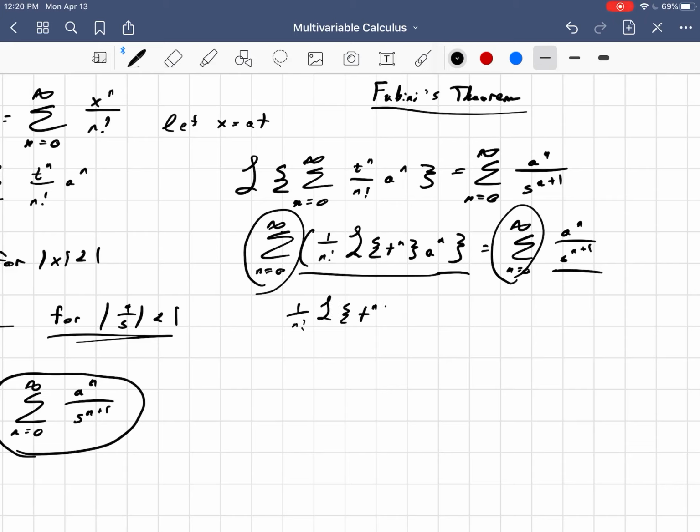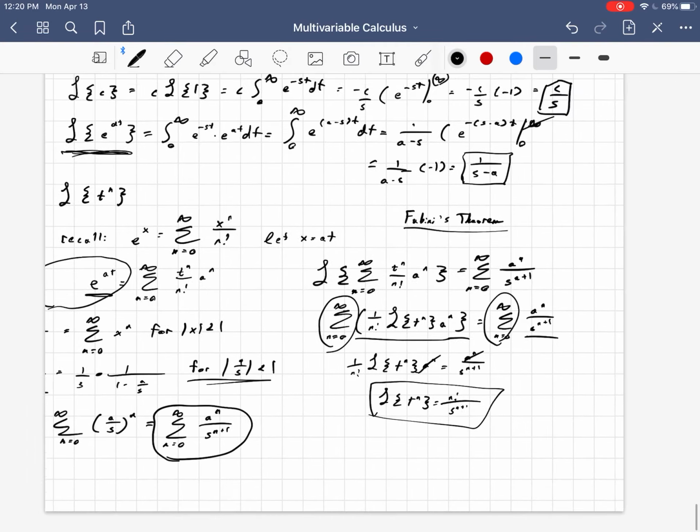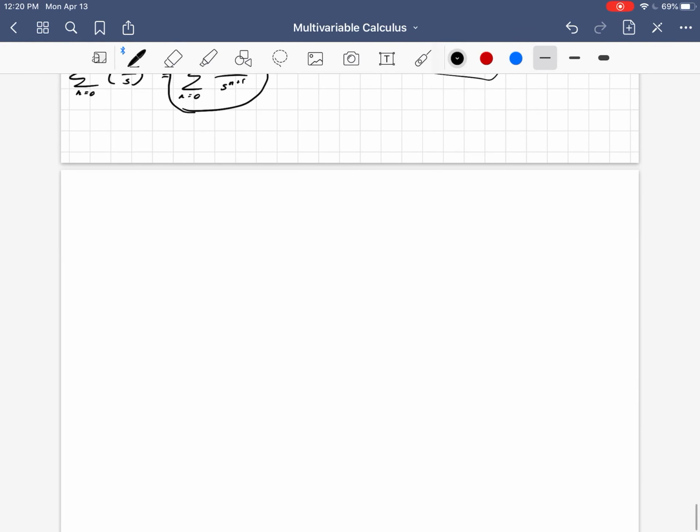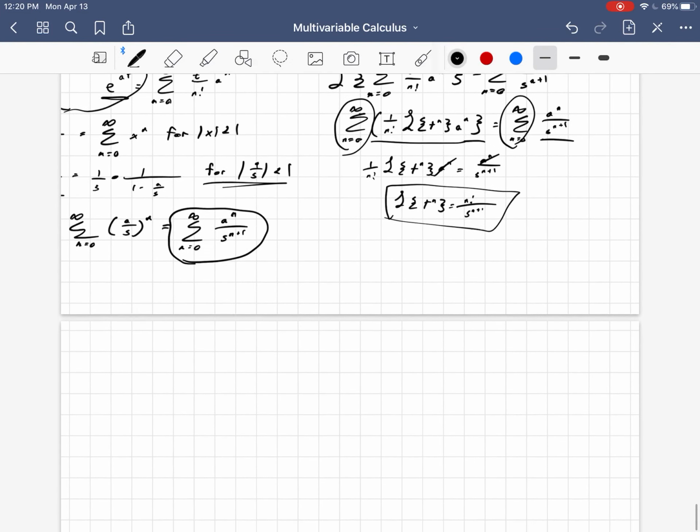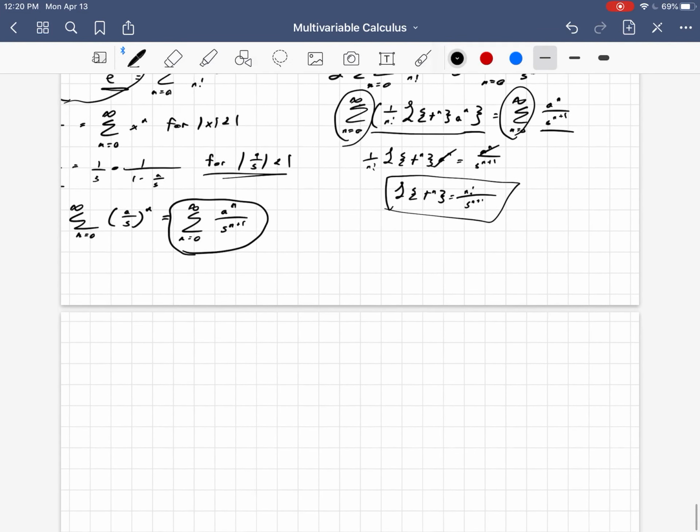So that means 1 over n factorial times the Laplace transform of t to the n times a to the n is a to the n over s to the n plus 1. Now I can just solve for the Laplace transform of t to the n by getting rid of these a to the n's. And so the Laplace transform of t to the n is n factorial over s to the n plus 1. That took a lot more work, but there it is.